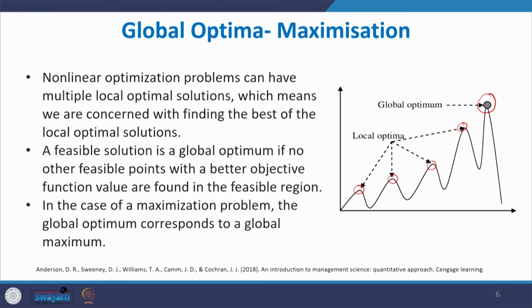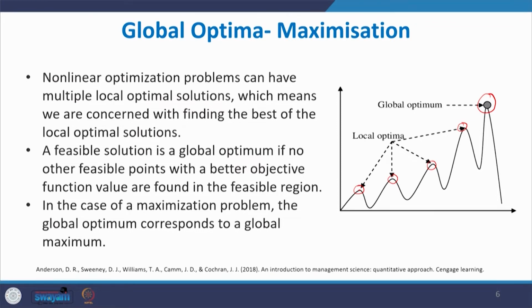Nonlinear optimization problems can have multiple local optimal solutions, which means we are concerned with finding the best of the local optimal solutions. Look at this picture, there are multiple local optima. Among these, we are going to find out which is the best one.